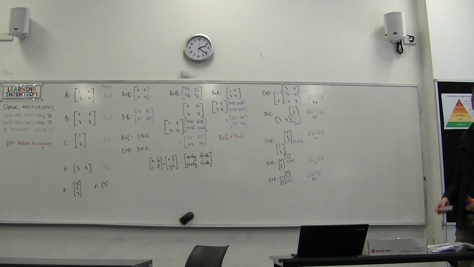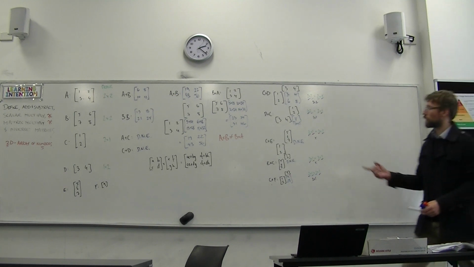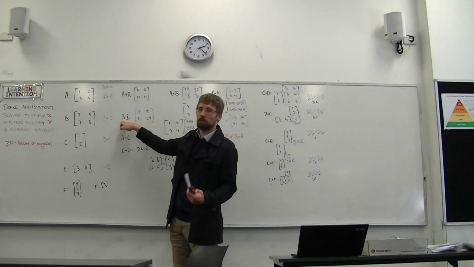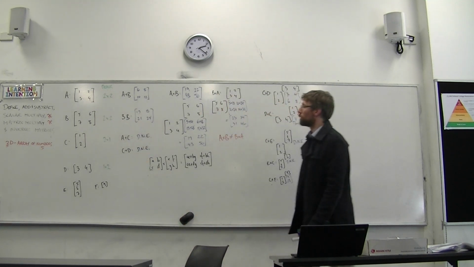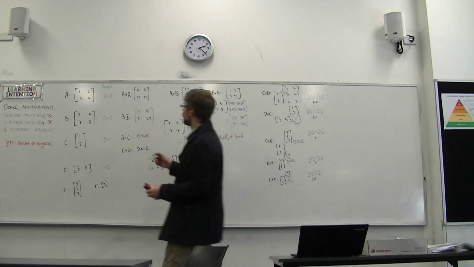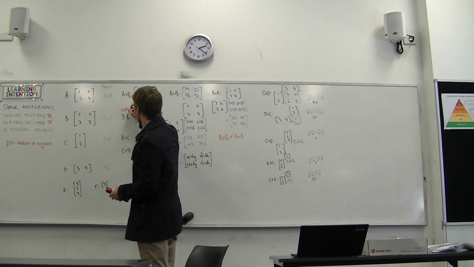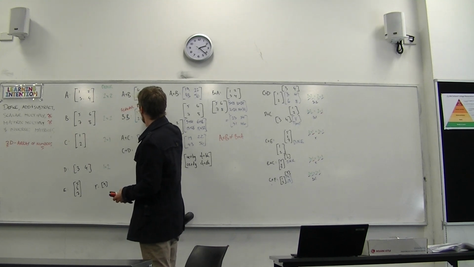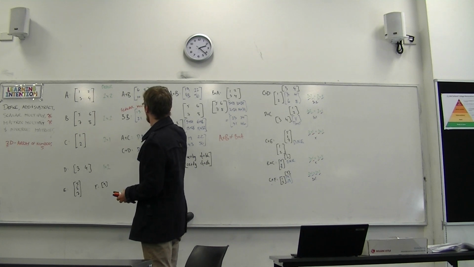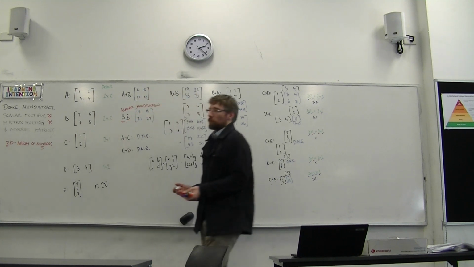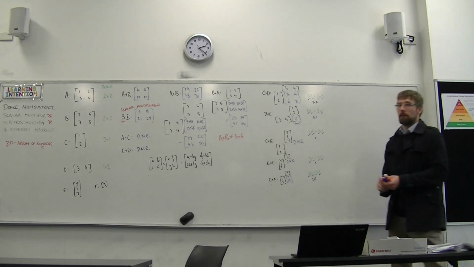Wait, scalar multiplication is just the adding. No, scalar multiplication is when the whole thing just gets multiplied by some number. Okay, good, because I totally forgot what it was. So what's a plus b?